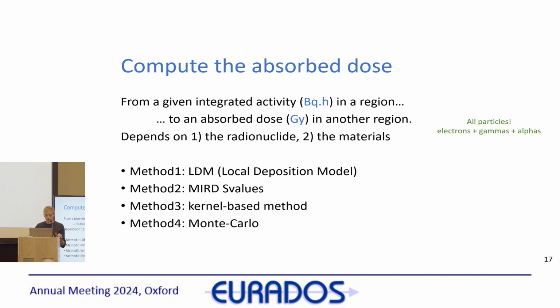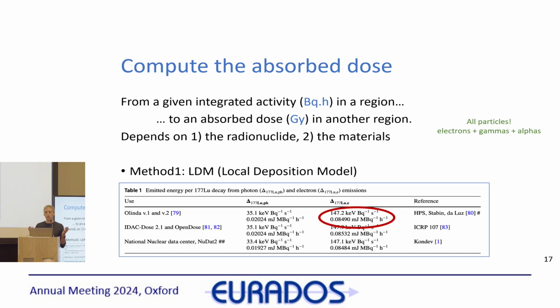The main ones are the following. Very briefly, the first method is the local deposition model, where we assume that all the dose stays within the pixel in a way. So we just need to multiply the activity by a specific value that can be found in several papers in the literature. That is very fast, very simple, but of course it may not be the most accurate method.